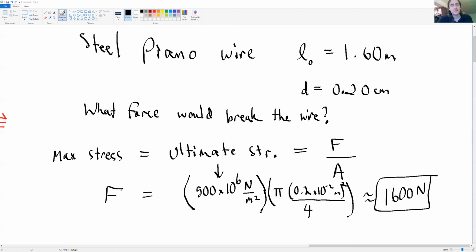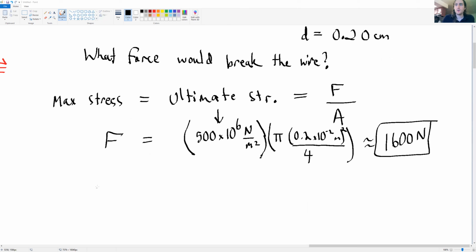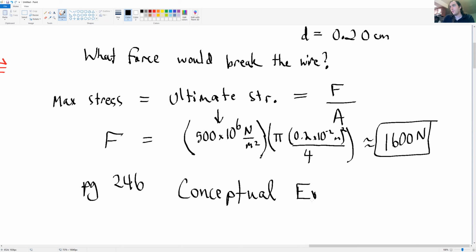There is a famous kind of engineering disaster that's talked about in the textbook, conceptual example 9-12. It's on page 246 in the book. And this is a really famous disaster, engineering oversight, where an engineering firm designs a building.